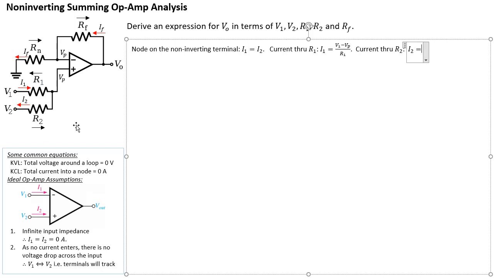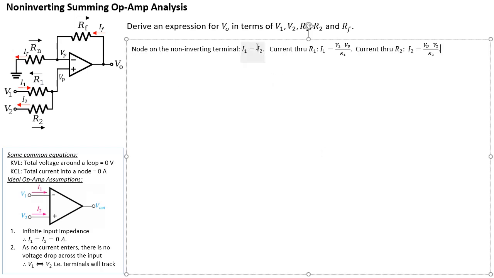The voltage is on the right-hand side, so it's going to be VP minus V2, because V2 is on the left side, divided by R2. Those are the two equations that we found for I1 and I2.